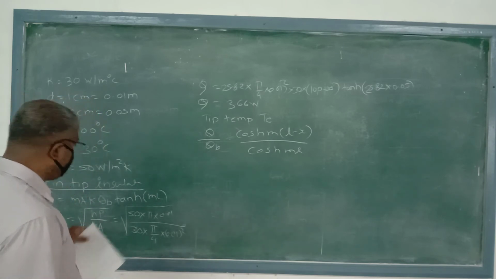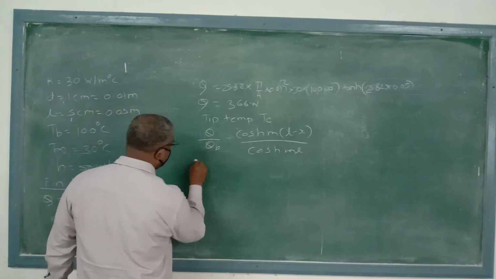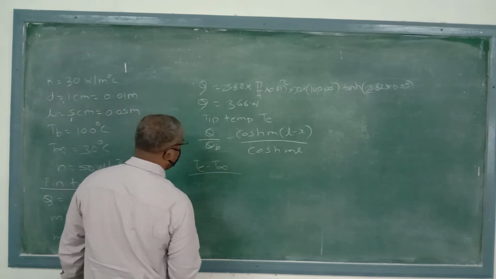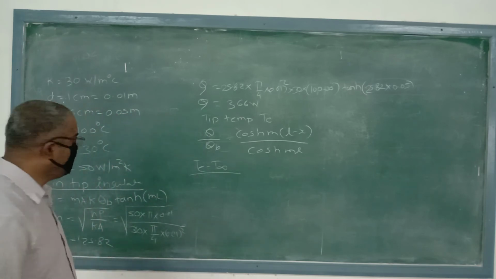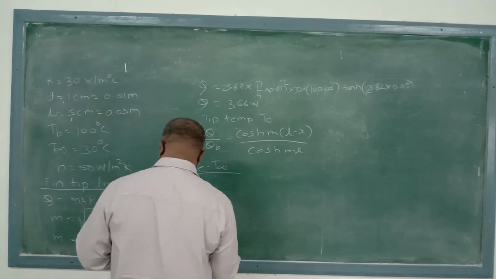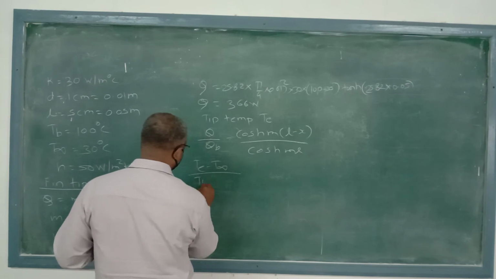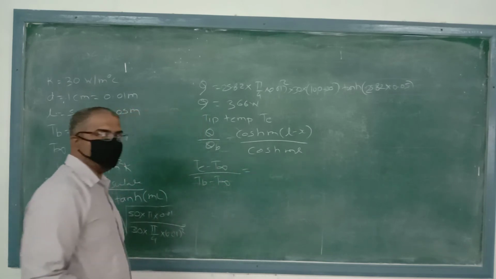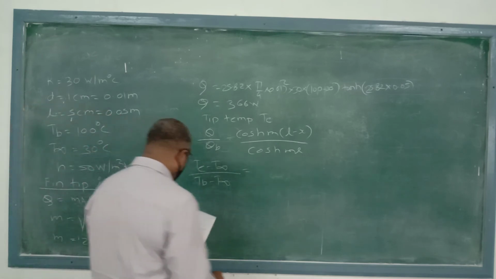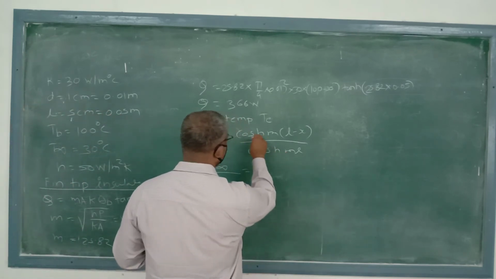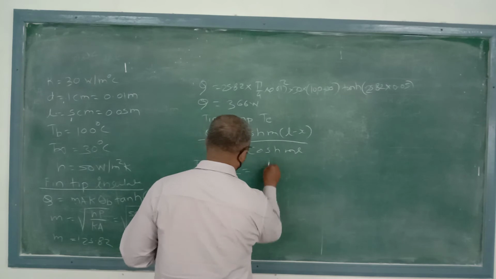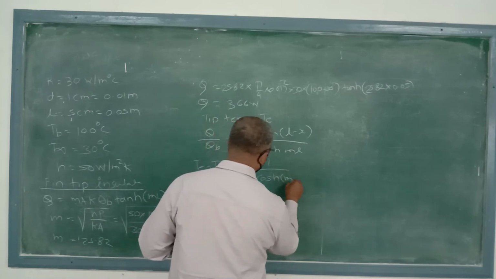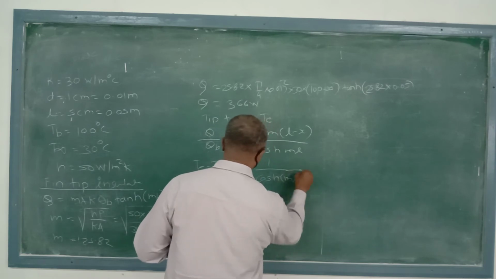So first, theta we know is the temperature at the end, temperature of infinity. Theta b we have just taken as theta b minus T infinity. Cos hyperbolic ml, and whenever we solve it, we get cos of hyperbolic of ml.